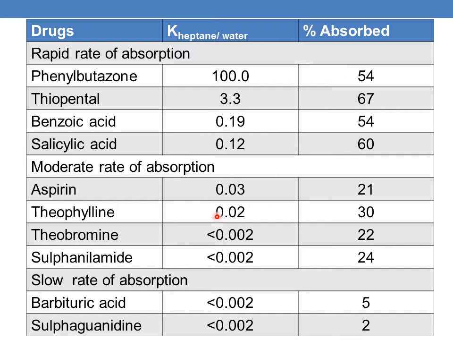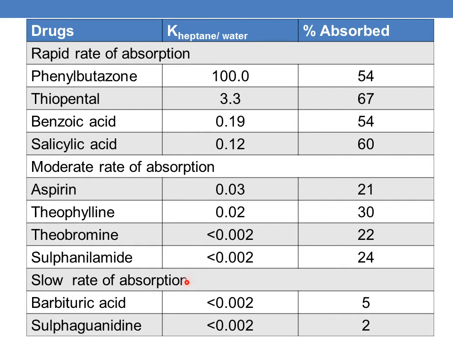Similarly, the next ones are moderate rate of absorption. They are aspirin, theophylline, theobromine and sulfanilamide. Here you can see they have very low partition coefficient values, and this reflects in their percentage of absorption. Because they have low partition coefficient values, they have less absorption when compared to the other drugs.